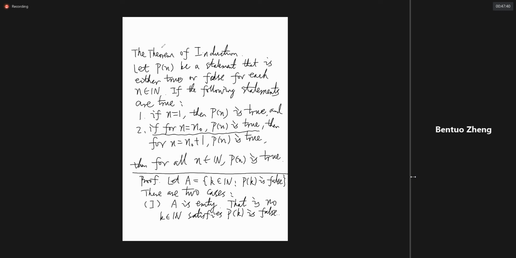Okay, so let's summarize the three basic types of proofs. The first one is a direct proof: you start from the hypothesis and assumptions to reach your conclusion. The second one is mathematical induction.